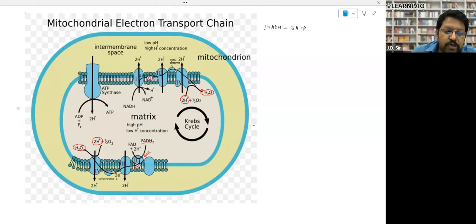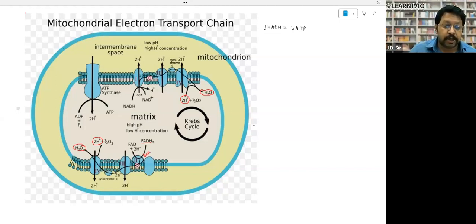These electrons will pass through complex number 1. This complex will pick up 2 hydrogen ions, and these 2 hydrogen ions will be pumped into the intermembrane space.